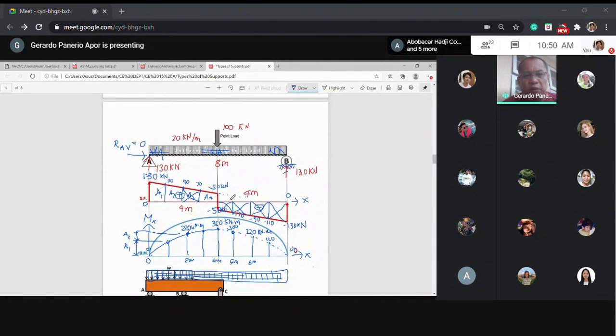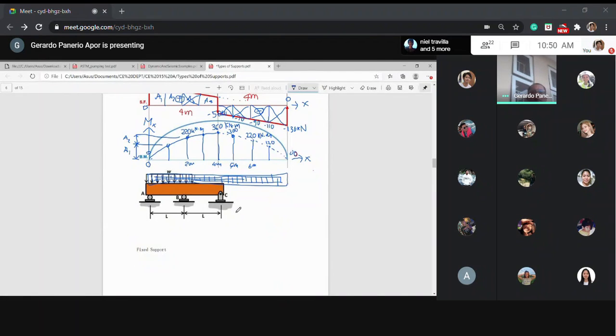We can complete our load diagram, and from the load diagram, we can apply equilibrium. Once the load diagram is in equilibrium, then we can start to determine the internal forces, which are the shear and moment. In my example here, you can determine the shear and moment at any point.